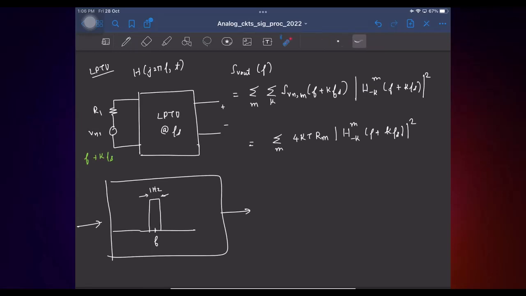So we have a stationary random process that is getting filtered by an LPTV network whose gain varies periodically with time. What can you say about the output noise? The statistical properties of the output will also vary periodically with time, and the technical jargon is cyclostationary.